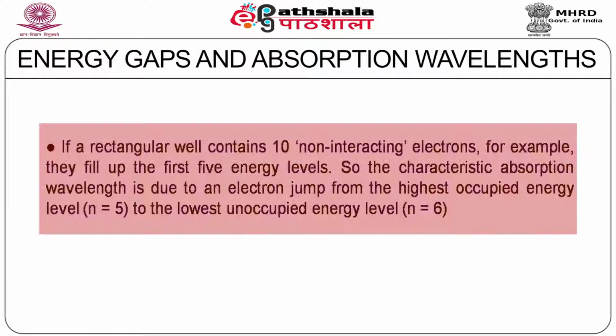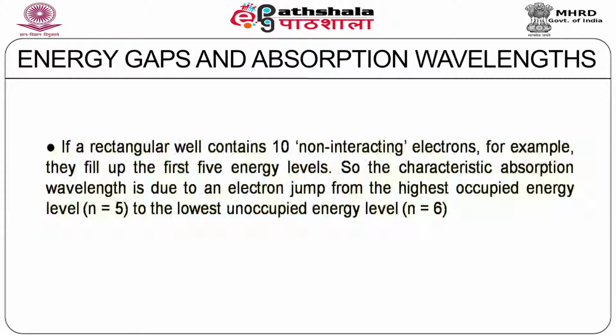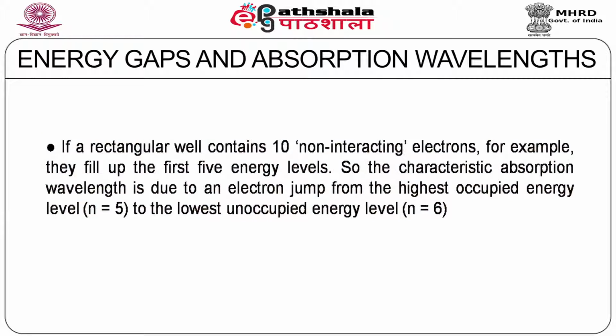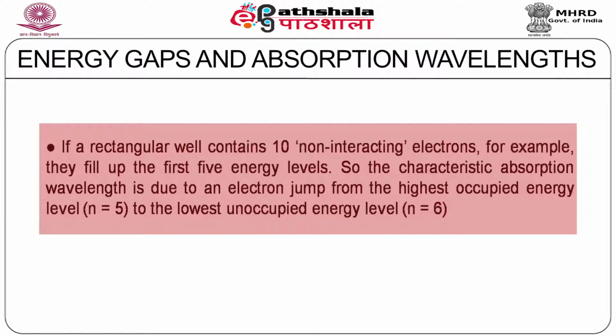Then they fill up the first 5 energy levels, because each energy level can accommodate 2 electrons with opposite spin, which you know. So the characteristic absorption wavelength is due to an electron jump from the highest occupied level, in this case n equal to 5, to the lowest unoccupied energy level, which is n equal to 6.